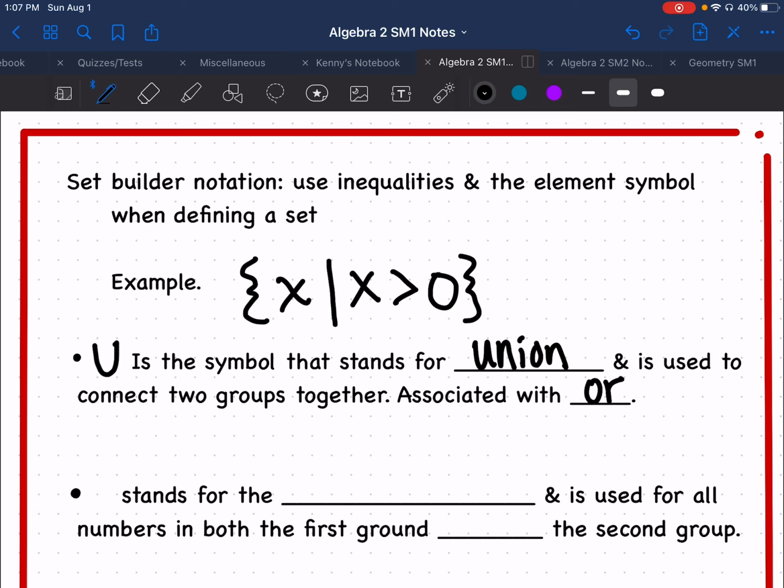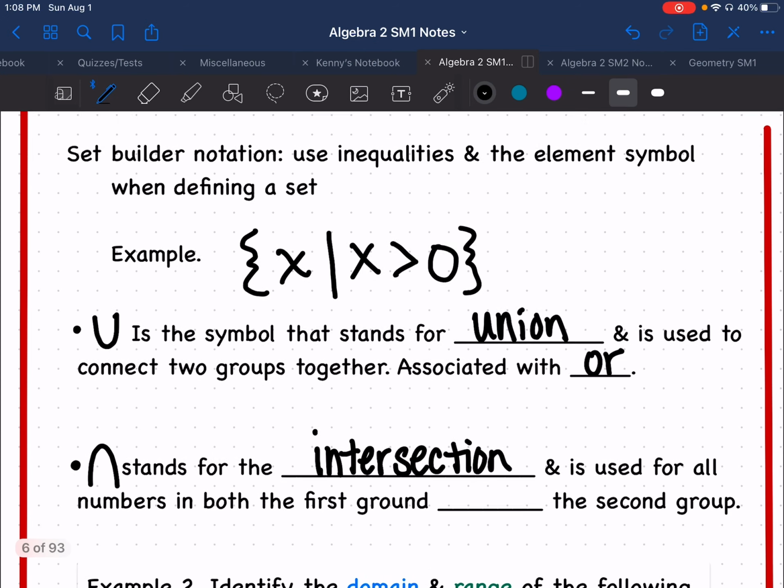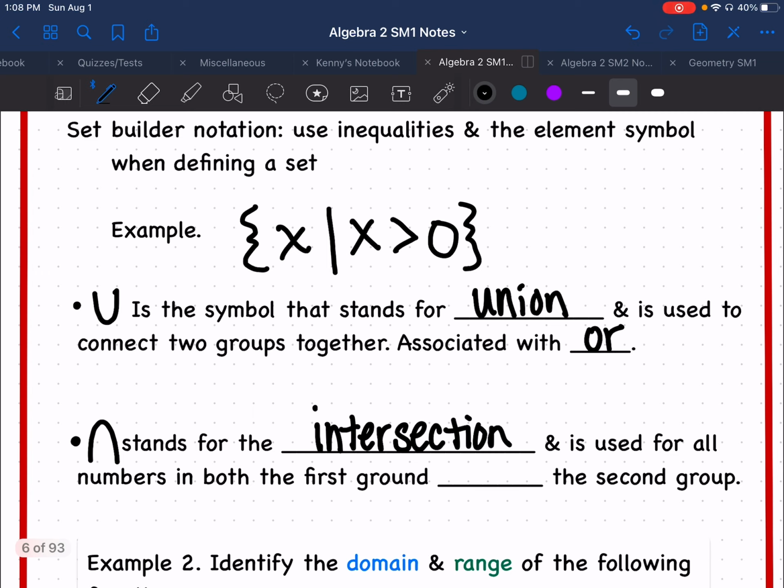Okay, so instead of writing the word "or", I could use this symbol that looks like a U. There's another symbol, the upside down U. This stands for intersection. Let me write that out. And it is used for all members in both groups, the first group and the second group.